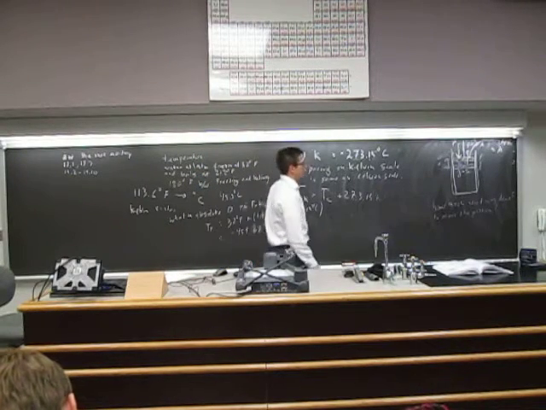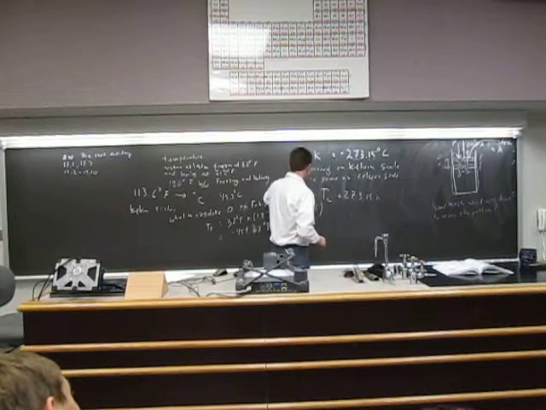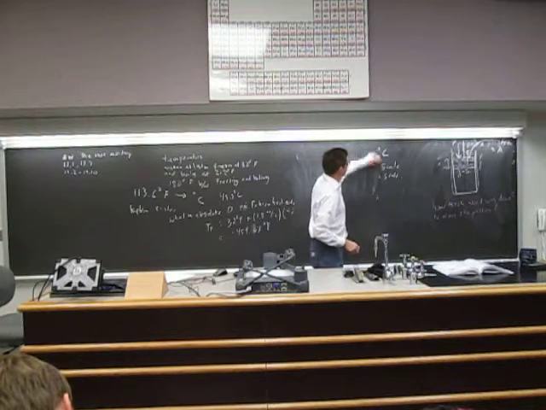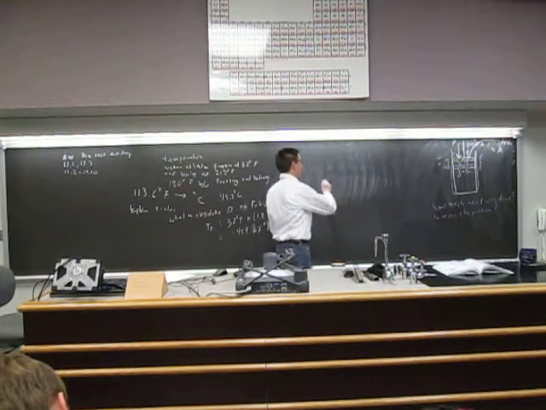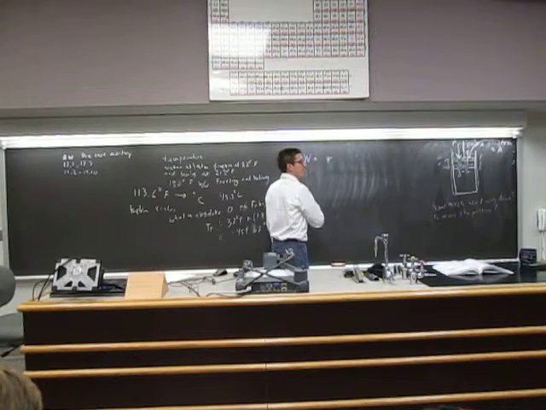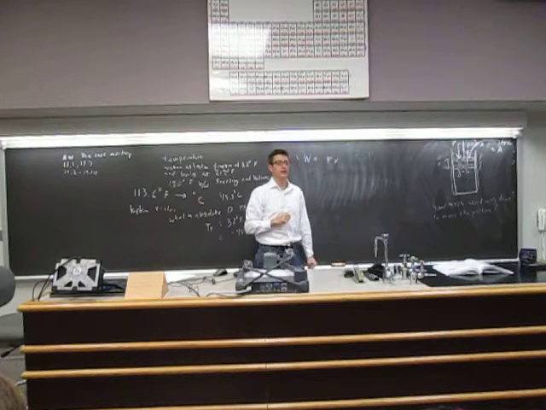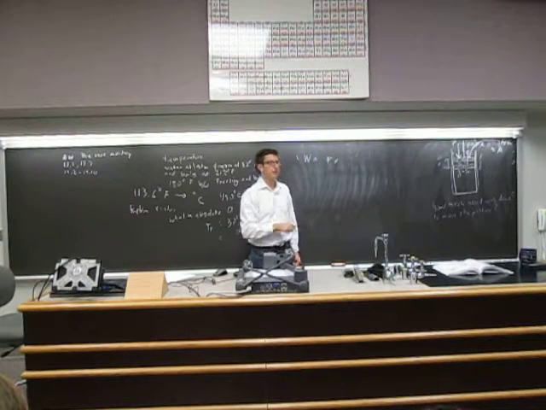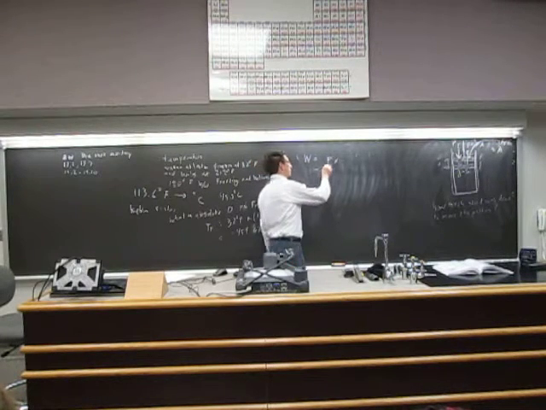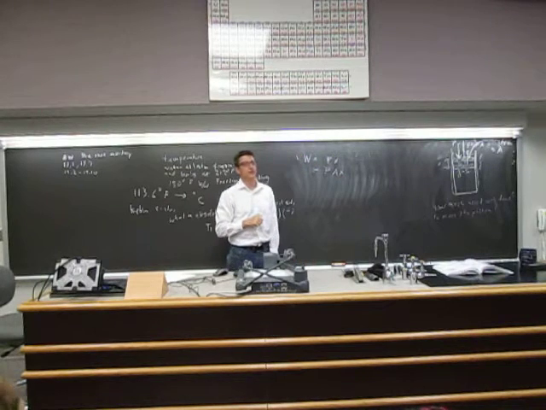So the work done by the gas is equal to the force times the distance moved, x. This would be pressure times the area times the distance moved.